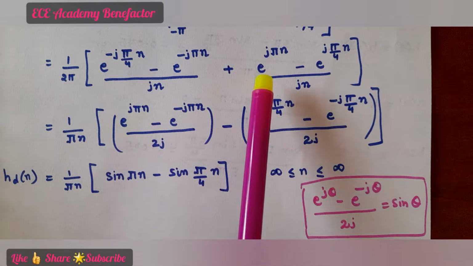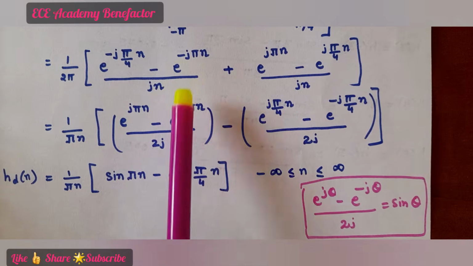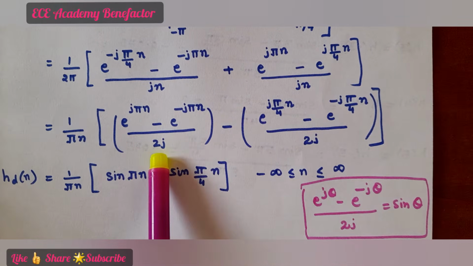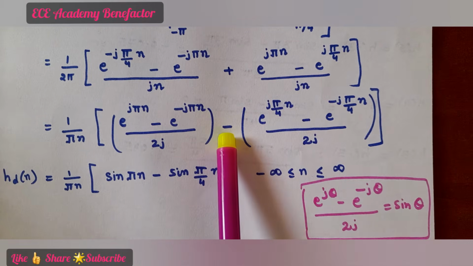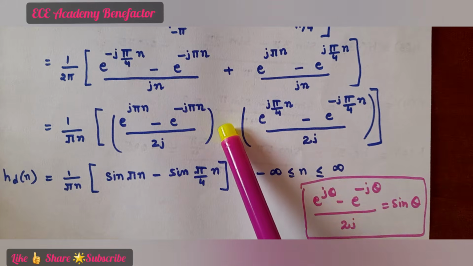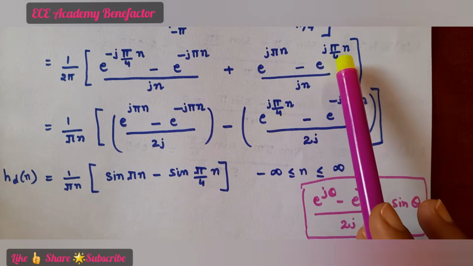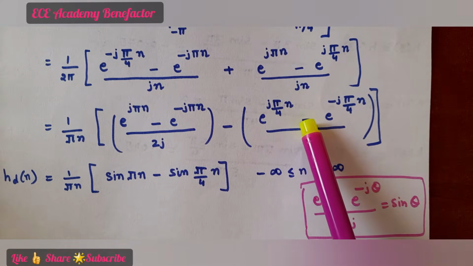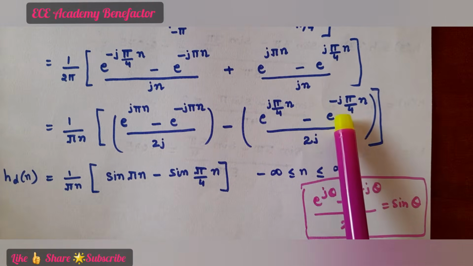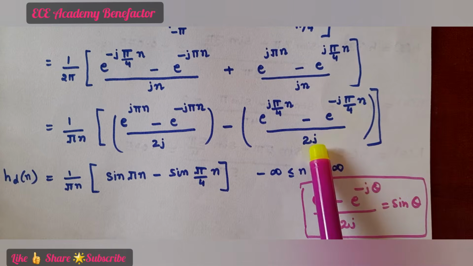It now becomes e to the power j pi n minus e to the minus j pi n by 2j, minus e to the power j pi by 4 n minus e to the minus j pi by 4 n by 2j.